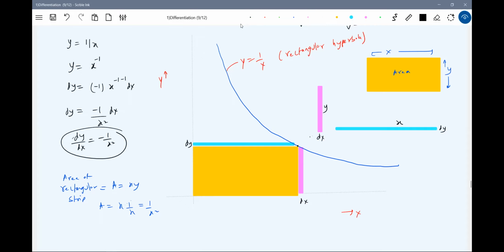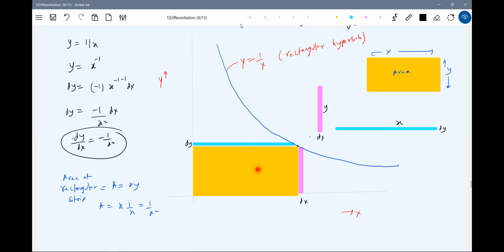If I increase the length of this rectangle by an infinitesimal length dx, then correspondingly the height will decrease by dy. So what was the height? y plus dy when the length is x. When I increase the length of the rectangle by dx, the height will decrease by dy.